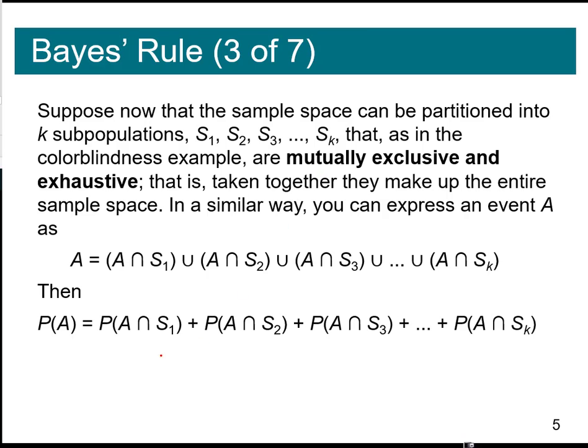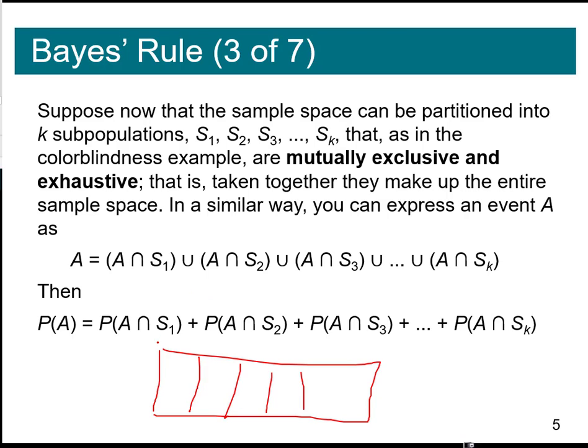And then we said if we have a partition with many more sets in the partition, this might be S1, and this might be S2, and so on. So we can actually have K pieces.